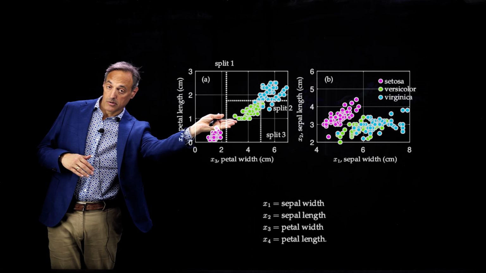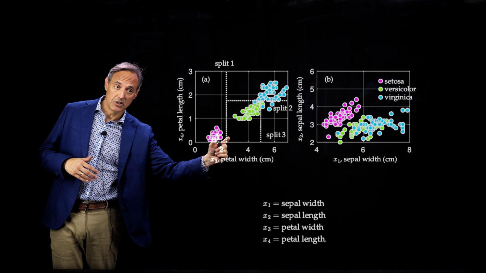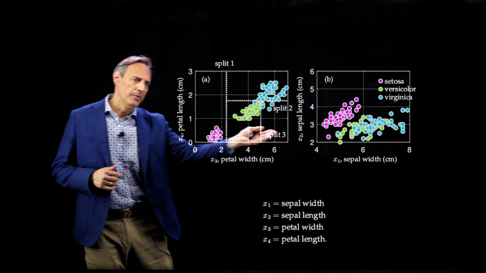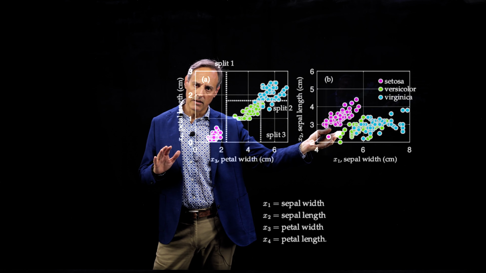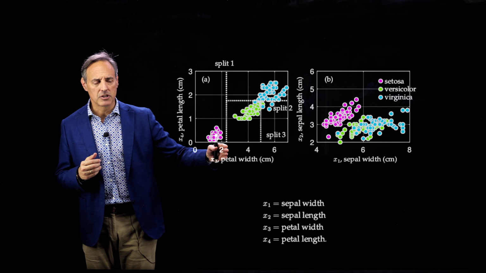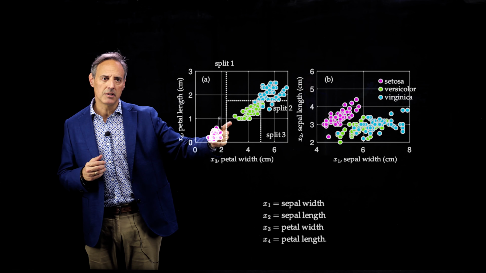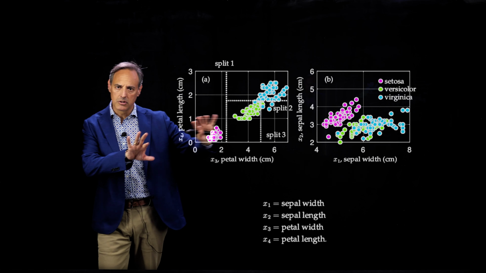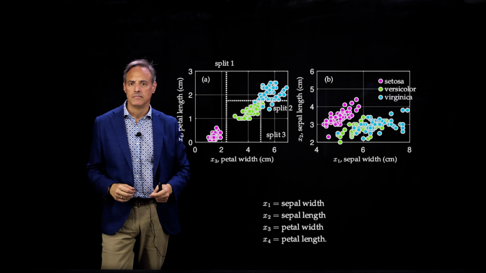I could split it along here as well, but this gap between these two is quite a bit bigger, so this is the best split point. With x3 and x4, I don't really get good splitting of the data overall. So my first split is along x1. This is called split 1, this line right here, which is equidistant between where the green balls are and the magenta balls are. So you split the data right there. That's my first split.